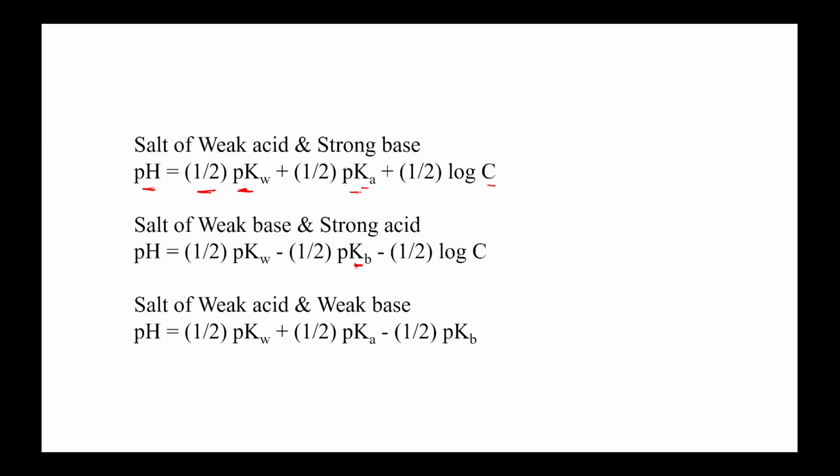Okay, strong acids and strong bases will immediately dissociate in a solution into their corresponding ions. So if you have NaOH, let's say for example, NaOH is a strong base. When you put it in water, it will immediately dissociate into Na plus and OH minus ions.